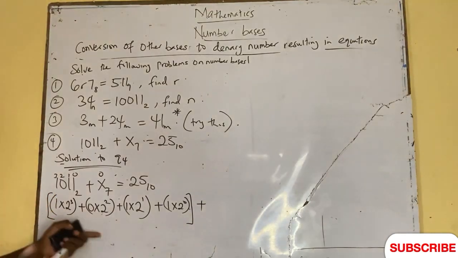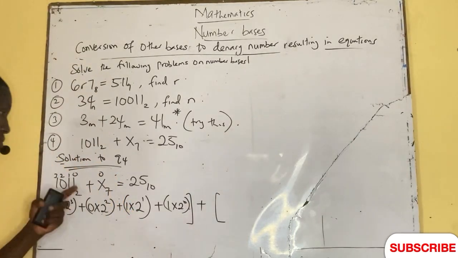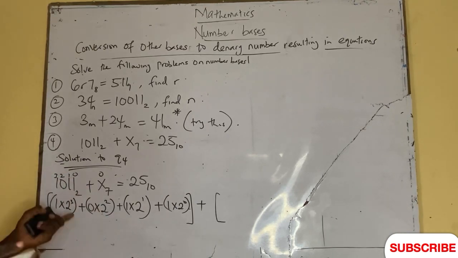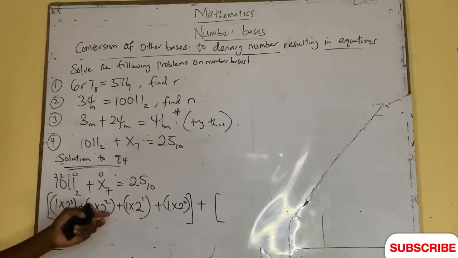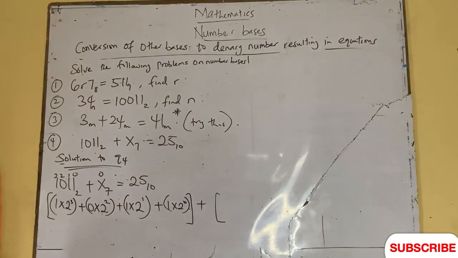Always remember to include brackets here. Now you open another bracket, which might not have an effect here because it is plus, but use brackets whenever it involves operations on number bases, so that even if it is minus or plus, you are still on the safer side.